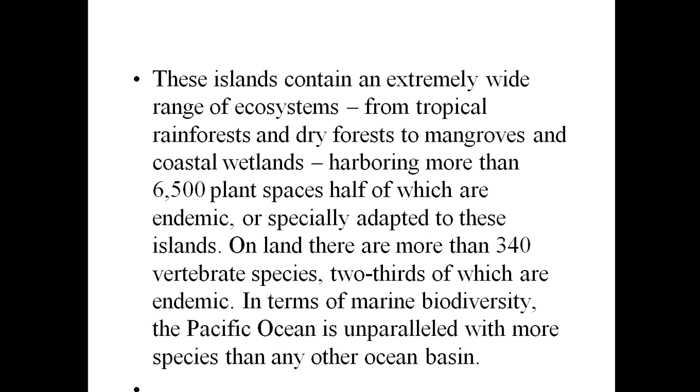Even on land, there are more than 340 vertebrate species. The important thing is not the number but the percentage endemic. Out of 340 vertebrate species, two-thirds are endemic. I have told you what endemic means: animals with restricted range.